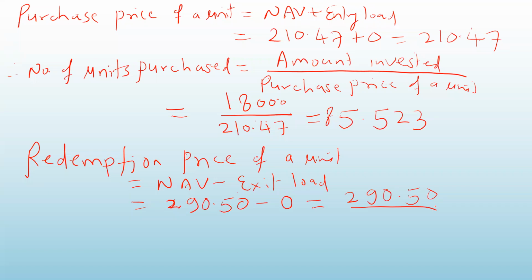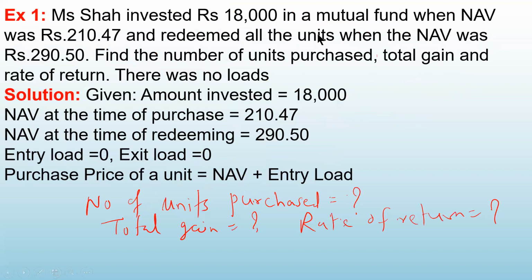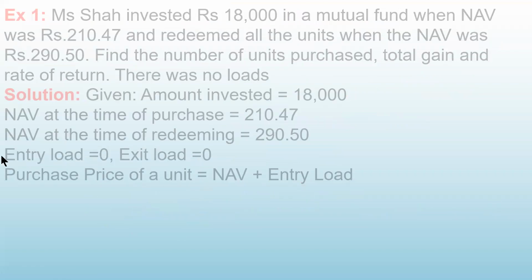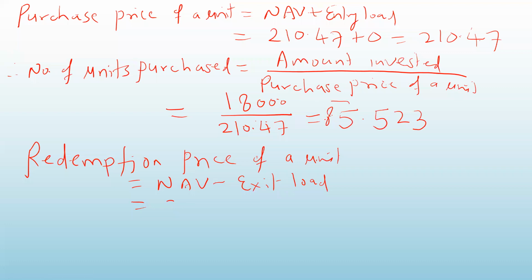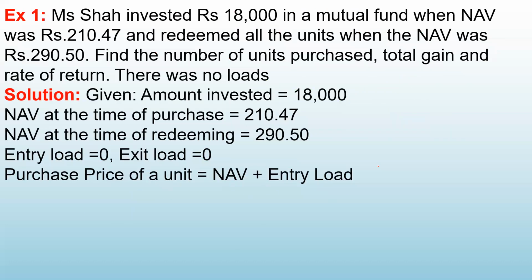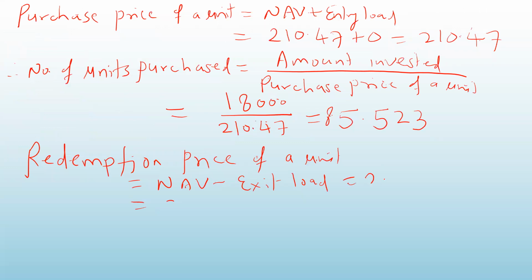And how many units did she sell? She sold all the units, correct? She redeemed all the units. How many units? 85.5. So she sold all these units. Exit load is 0, so 290.50 minus exit load 0 is 290.50.